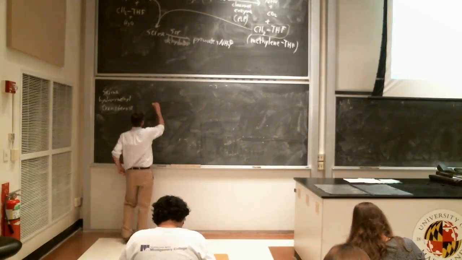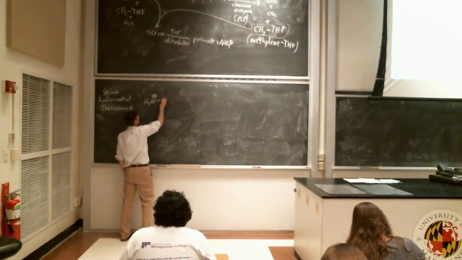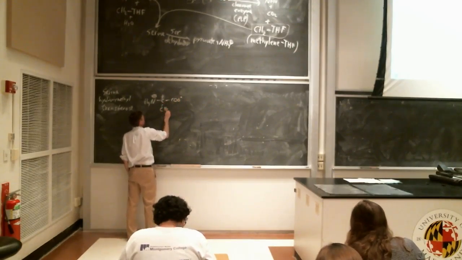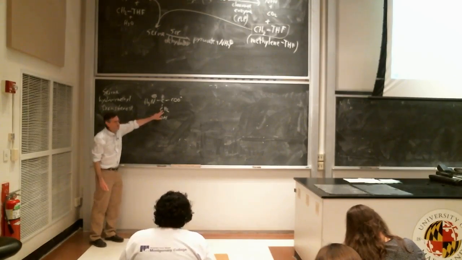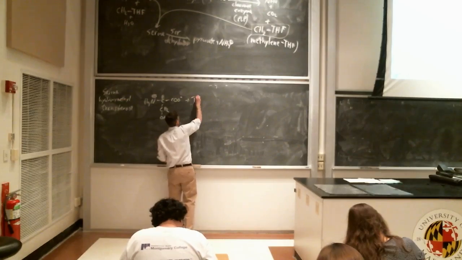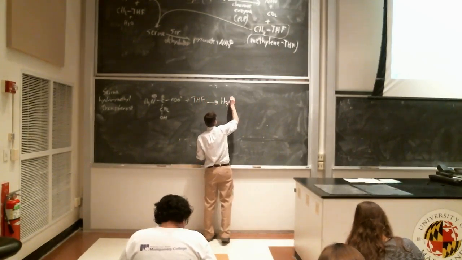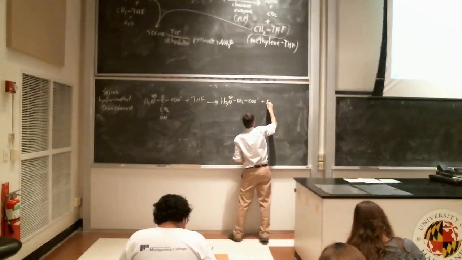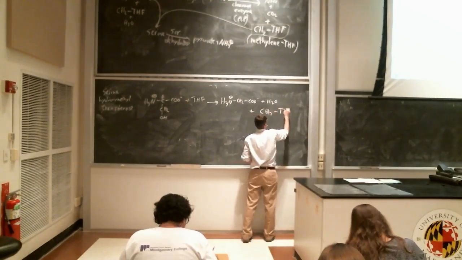So the reaction is the reverse of what I just wrote up there. I won't write it again. But we're going to take serine and we're going to remove this group and give it to the tetrahydrofolate. So the products are going to be glycine, water from the side chain, and again, this methylene tetrahydrofolate.